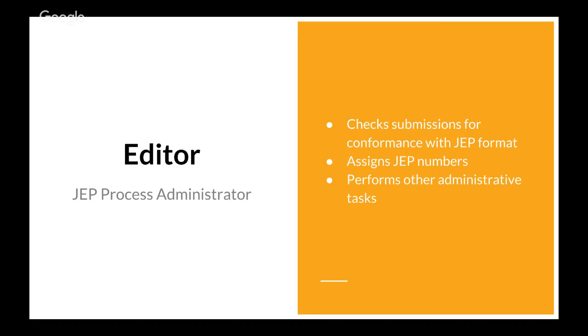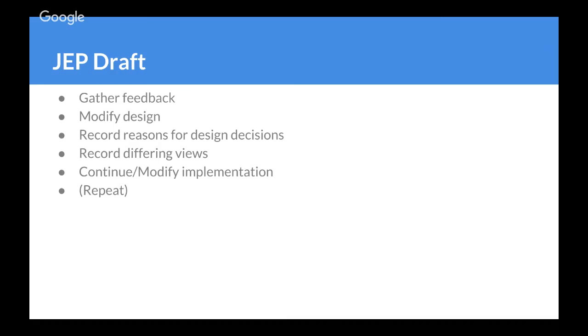So for that initial submission, we say, okay, it has all the sections. It has a reasonable start to the design and has a sponsor and hopefully a BDFL delegate who will review it later on. And then the JEP will become a draft.